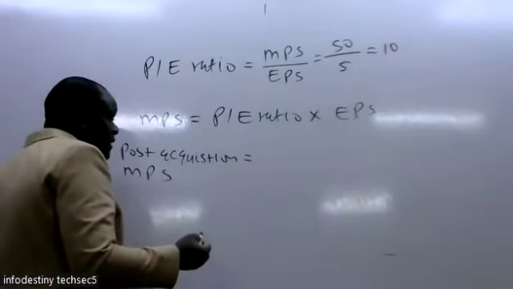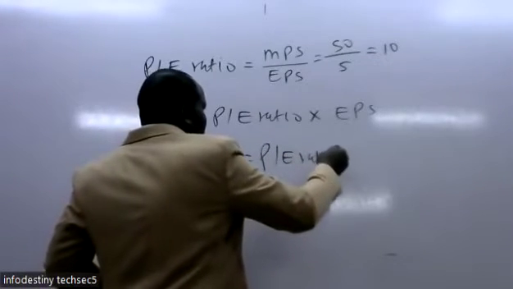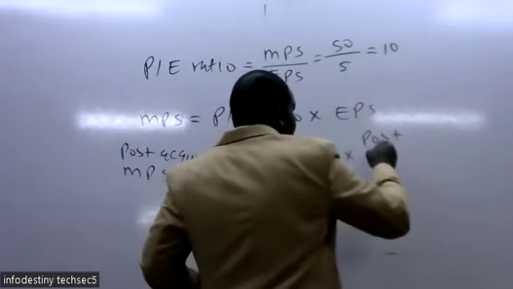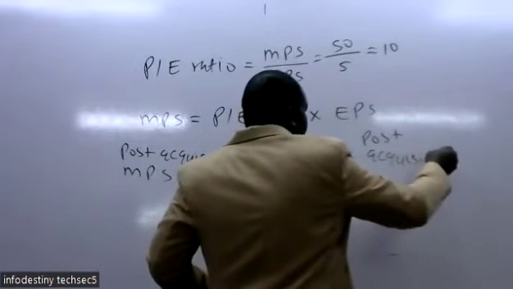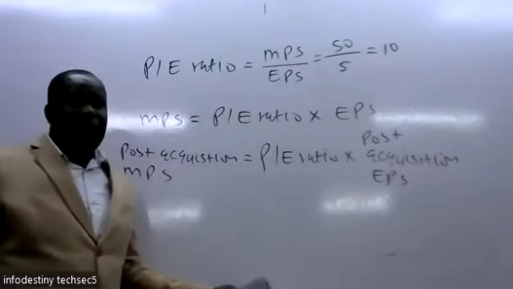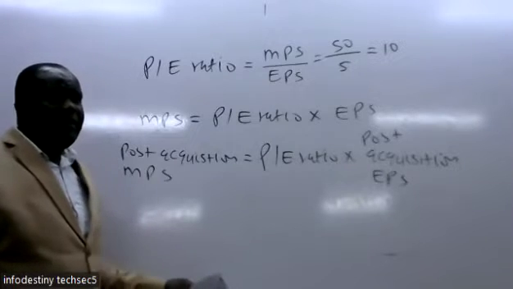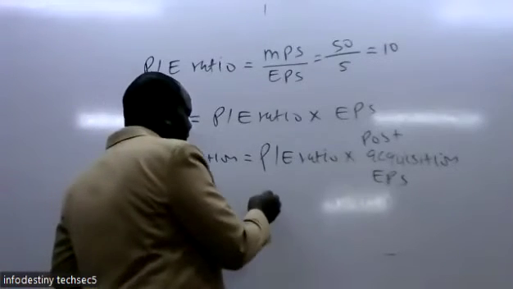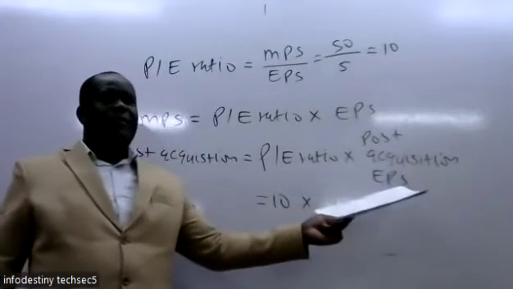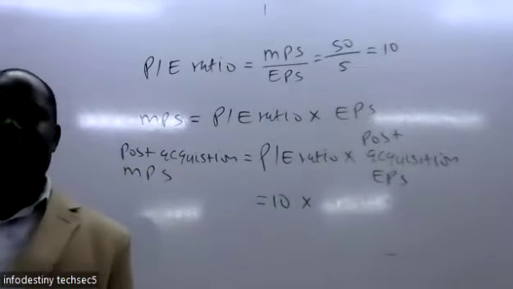It will be given by the price earning ratio multiplied by earning per share. The price earning ratio we have just calculated, because they say it will remain the same. Then, remember the post-acquisition earning per share that you calculated in the Roman letter. We got which value?